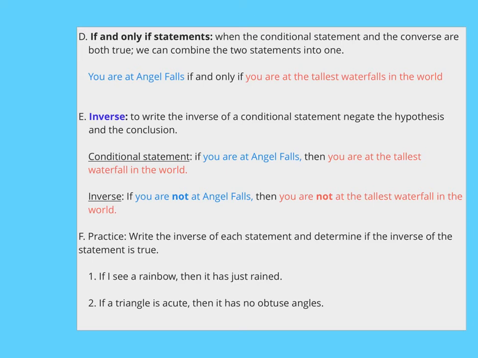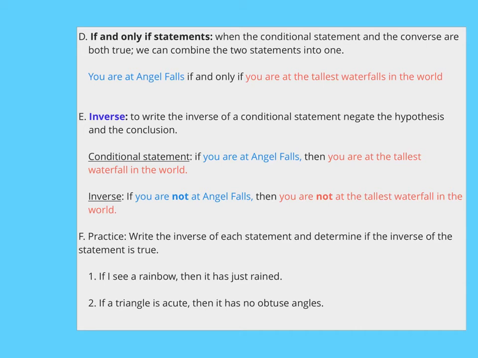Because both of those statements are true, we can combine the two statements into one if and only if statement. You are at Angel Falls if and only if you are at the tallest waterfall in the world. So our if and only if statements are a combination of two. We'll get some more practice with that in the Nearpod that you're going to work on.